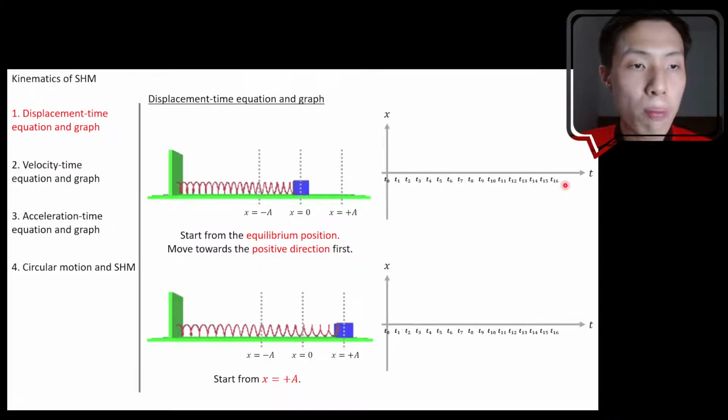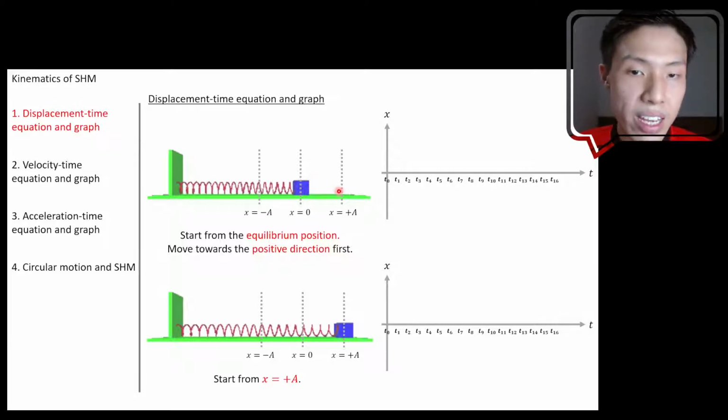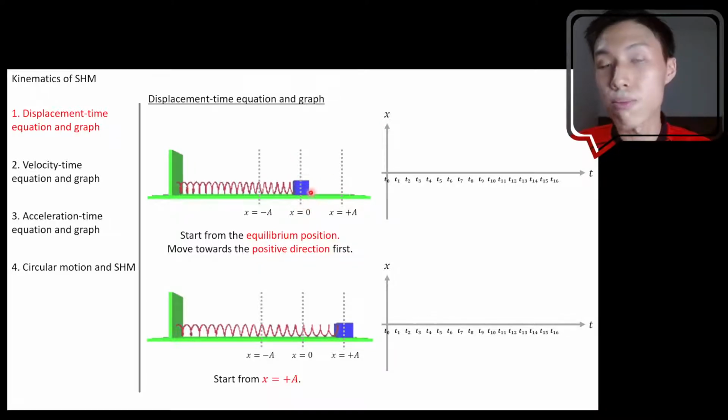Remember when you plot this graph, if the object is further away from the equilibrium position, then you have a larger value, either at the negative side or the positive side. Further away, larger value. If the object is at the right hand side of the equilibrium position, the displacement is a positive displacement. So as long as the object is around this region, you should expect the displacement to be positive.